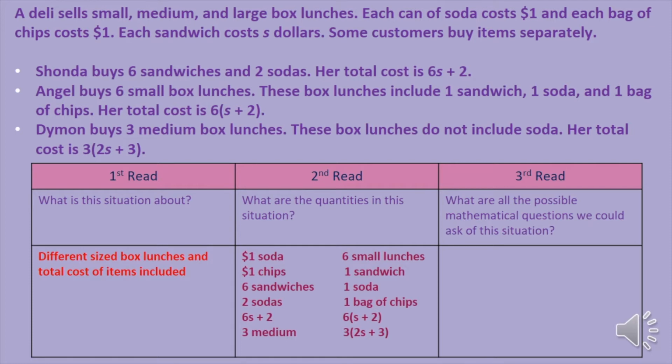Good job. Now let's look at our last question. What are all the possible mathematical questions we could ask of this situation? Of course, there are several questions that we can ask. We'll just concentrate on a few of them.